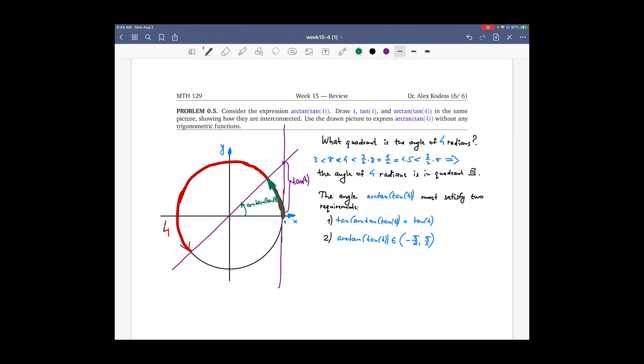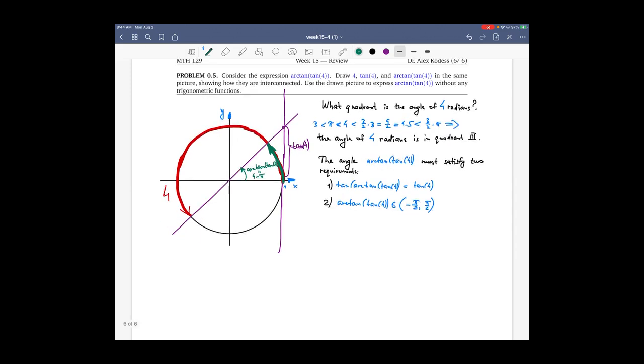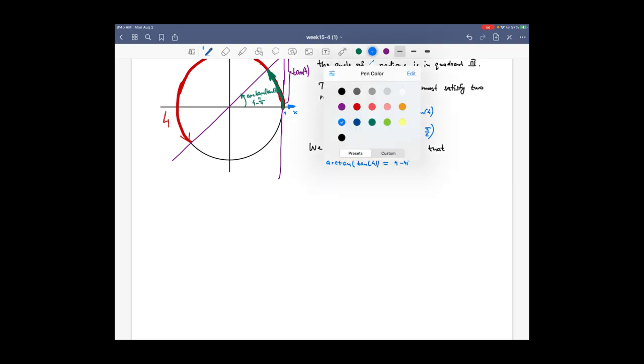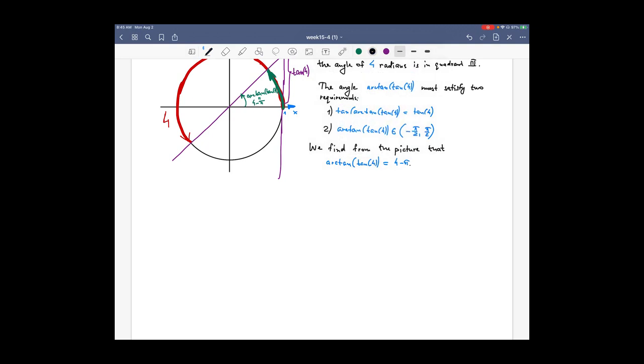So from the picture we find immediately arctangent of tangent 4 is 4 minus pi.